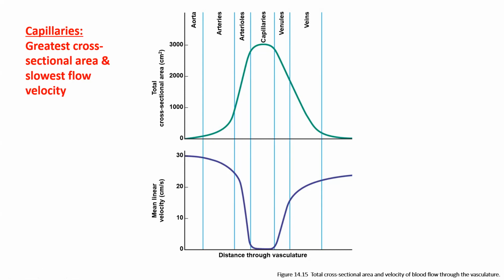As we get into that more vast network of capillaries, the flow slows down, so we lose the velocity here. And this is, again, ideal in terms of allowing that time for the exchange to take place. So we see the greatest cross-sectional area for capillaries, and then we also see the slowest velocity of flow to allow for that exchange.